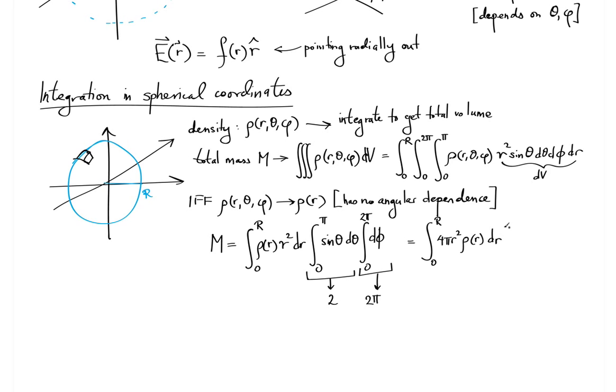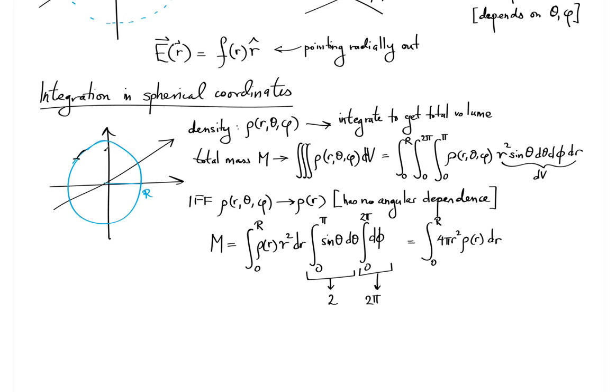So we can then think of what this actually means. So 4 pi r squared, that probably sounds pretty familiar to you. If I have a sphere of radius r, that's just the surface area of that sphere. So let's imagine we have these little spherical shells. I'm just going to draw that over here.